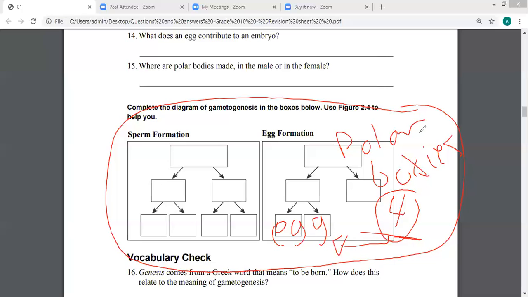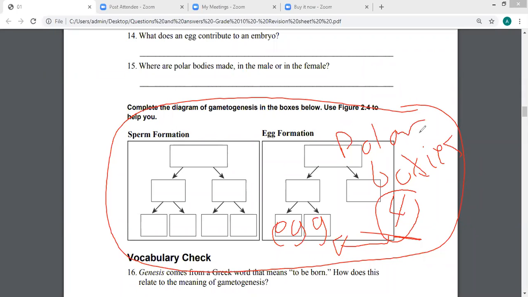Meiosis. Good. Does the fertilization process occur? No, the male and female gametes do not fuse. Inside each one of their bodies, the sperm is inside the male body, the egg inside the female body.